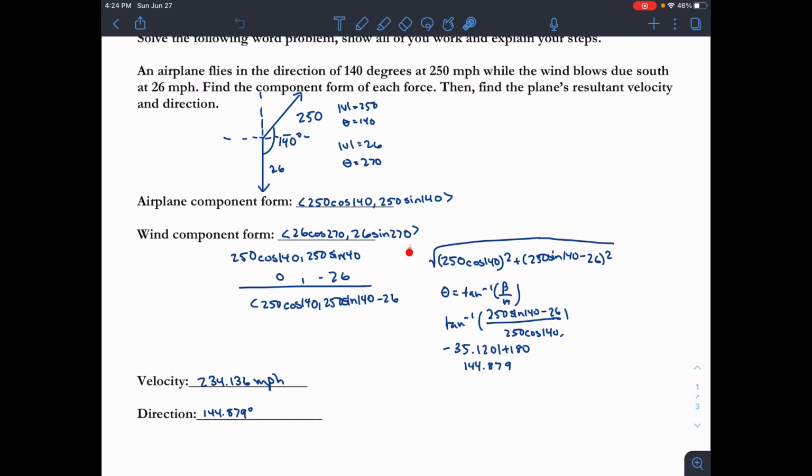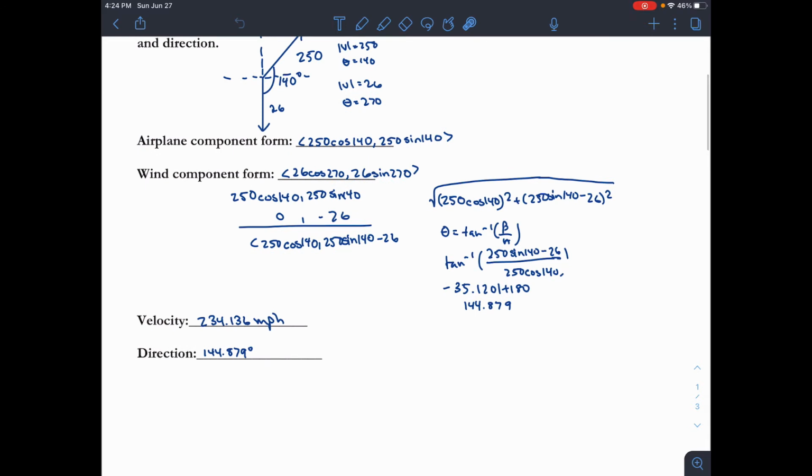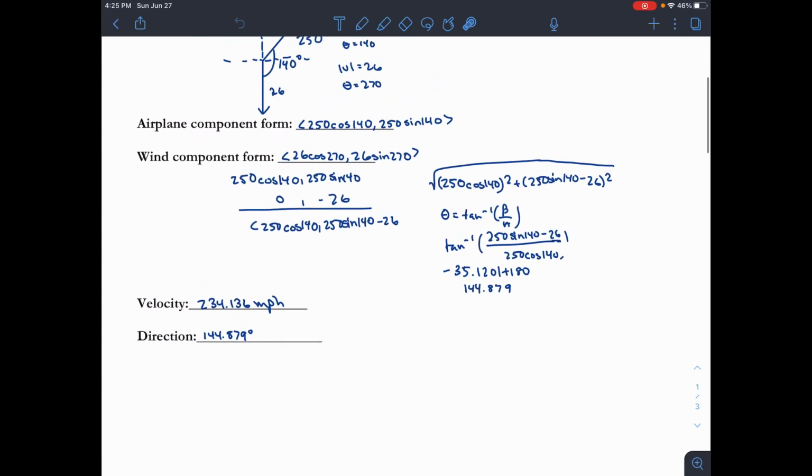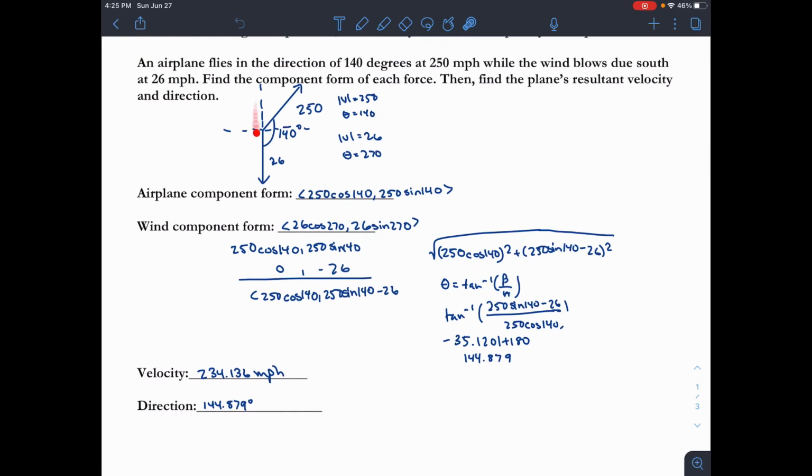So now, to find the resultant vector, what we do is we add these two. If we look at this plane, we can see that this point right here would be on the y-intercept.